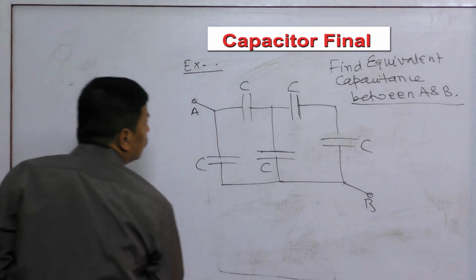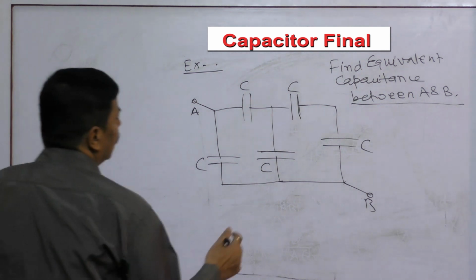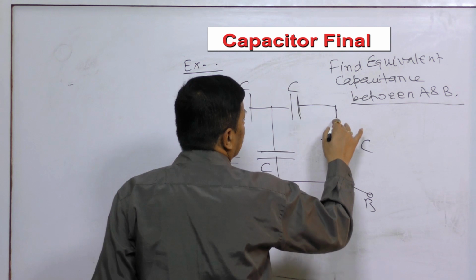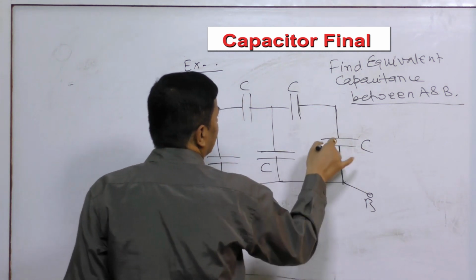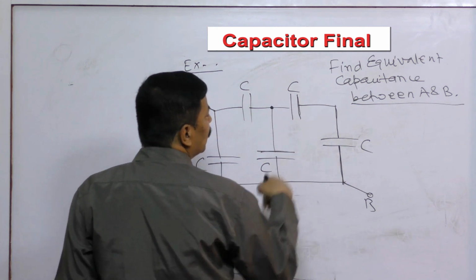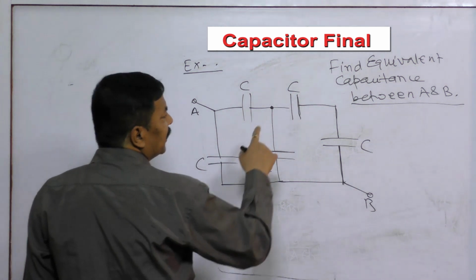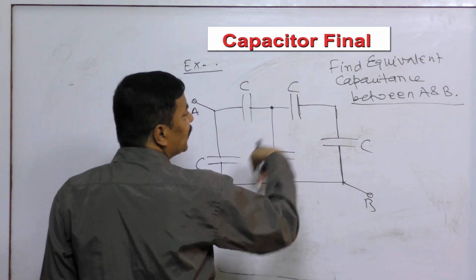Now, how to do it? You understand that these two are in series, these two are in series. So in series what will happen? In series, if two equal capacitors are there, the equivalent capacitance is C by 2.